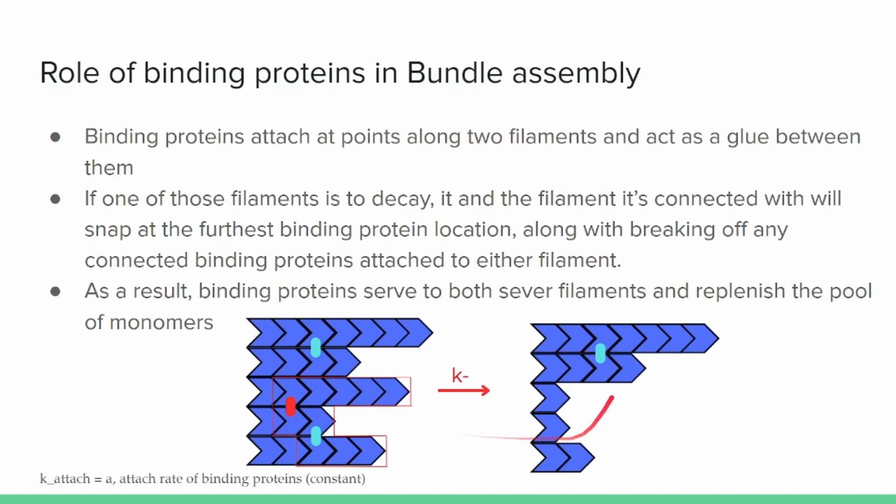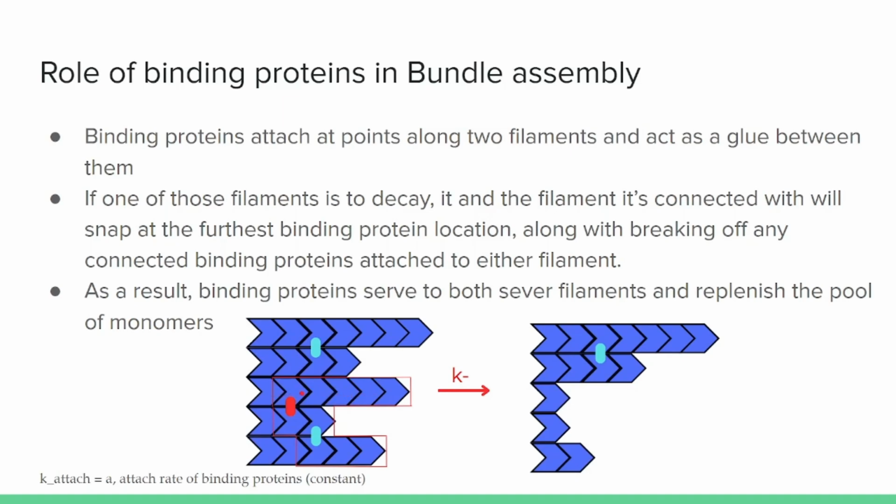So in these two schematics down here, we have a bundle with a binding protein set to decay, and the aftermath of that decaying process. So in this first schematic, schematic A, we can see that filament 3 here, the center filament, is set to decay.